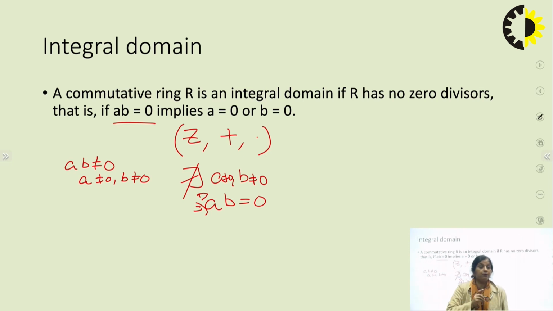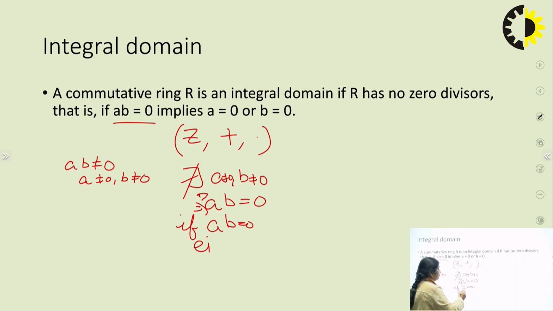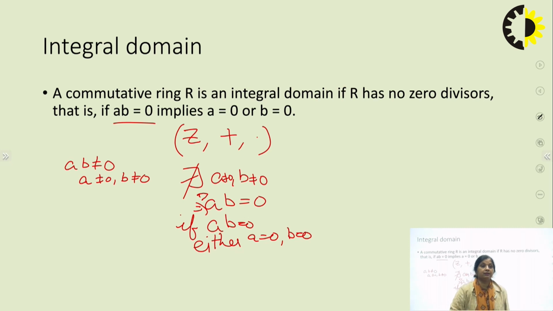No two non-zero integers give the multiplication answer 0. If AB is 0, then definitely either A is 0 or B is 0. If the multiplication of two integers is 0, it means one of the integers is 0. Otherwise, it is not possible. Okay, so it is an integral domain. This particular ring is an integral domain.